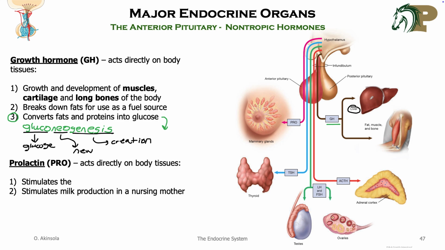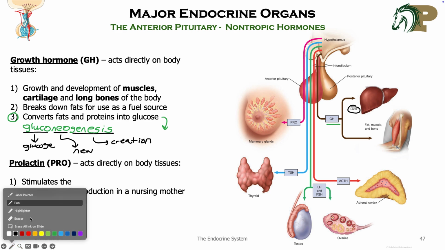That's where gluconeogenesis takes place. All right, so that's growth hormone. Notice it's acting on the liver, acts on fat, acts on muscle, acts on bone. So these are not endocrine organs. So that makes it a non-tropic hormone.